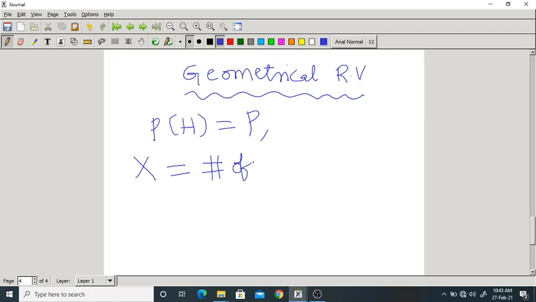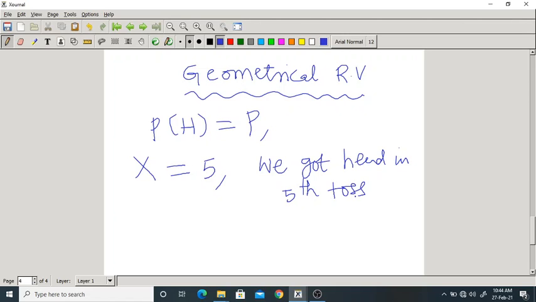Suppose we got a head in the 5th toss. Suppose x is nothing but 5, which means we got a head in the 5th trial. What about the remaining 4 tosses? You got tail. So in the first 4 tosses you got tail. In the 5th toss you got head for the first time.